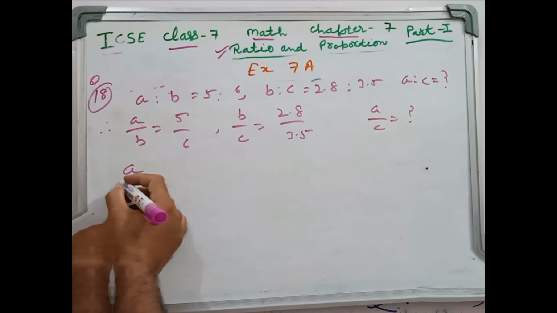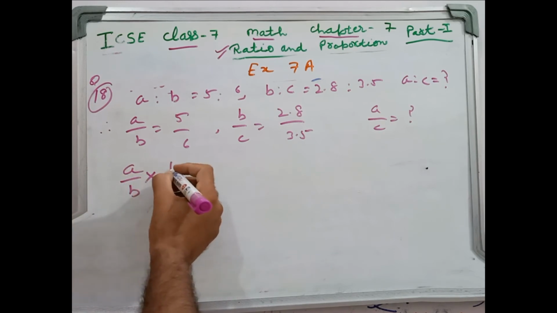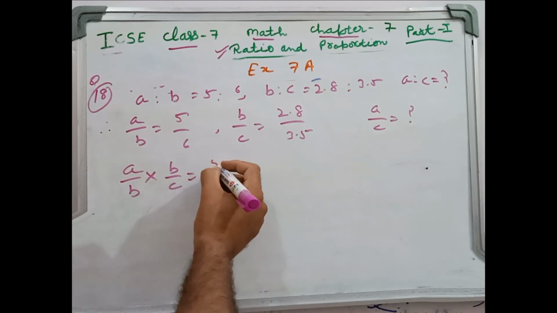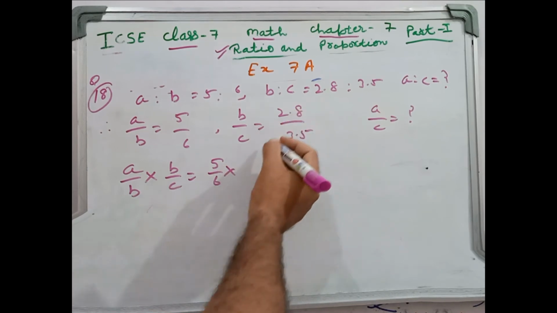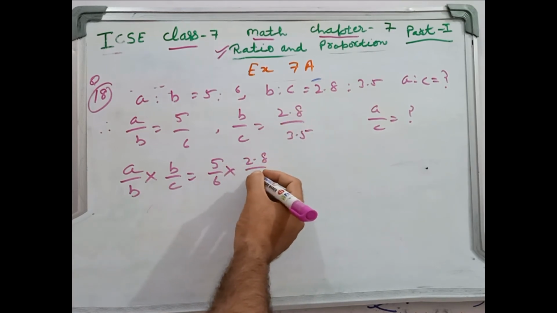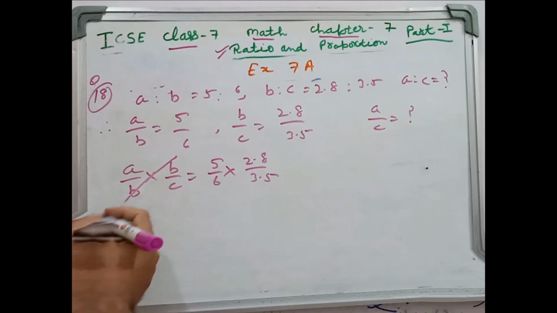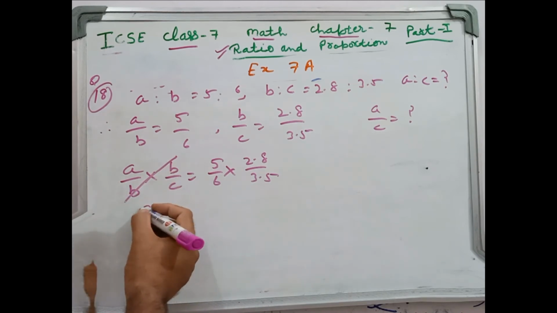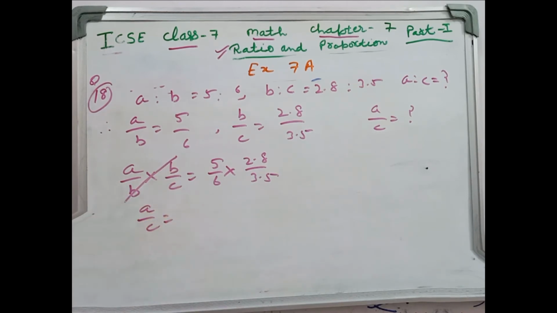So we will multiply A upon B multiplied by B upon C, 5 upon 6 multiplied by 2.8 upon 3.5. B gets cancelled, therefore A upon C will become what?